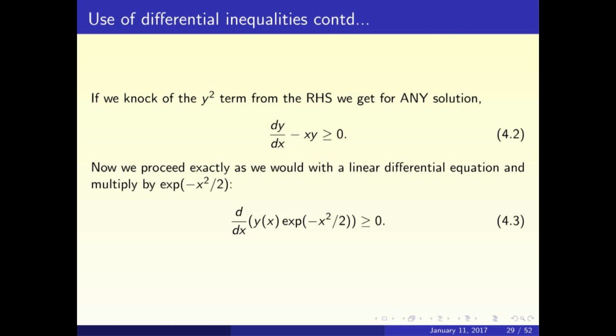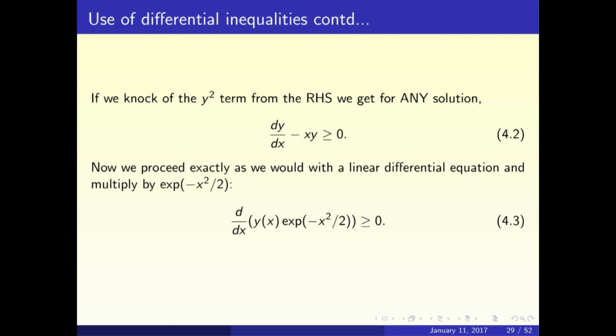So I can jolly well multiply 4.2 by e to the power minus x squared by 2, and the left hand side of 4.2 becomes an exact derivative, namely d/dx of y of x into e to the power minus x squared by 2 greater than or equal to 0, which is 4.3 in the displayed slide. Well, what do we do now? We have to integrate 4.3.